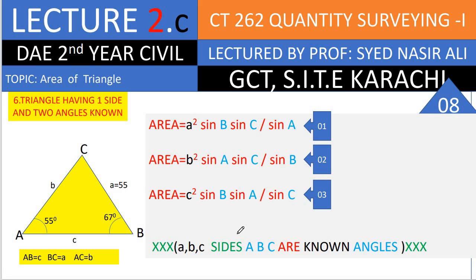This is the last triangle, the sixth triangle, in which we have one side known and any two angles known.